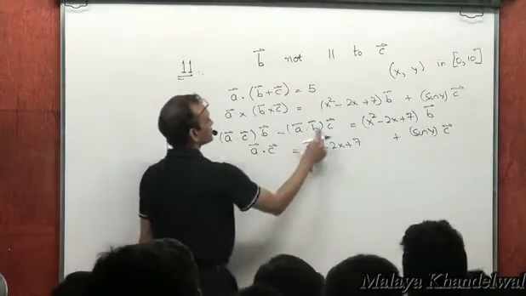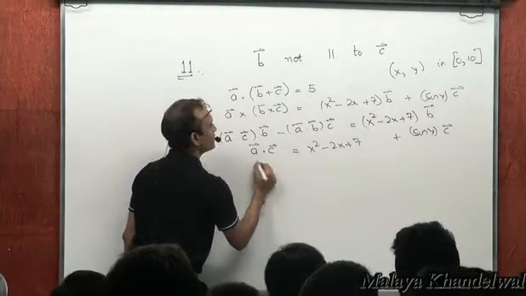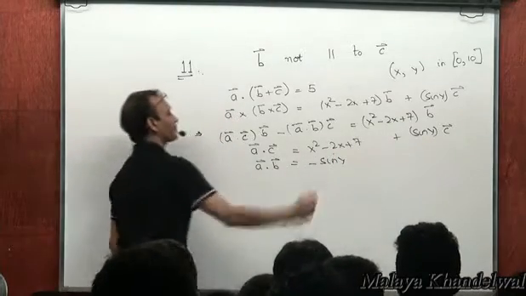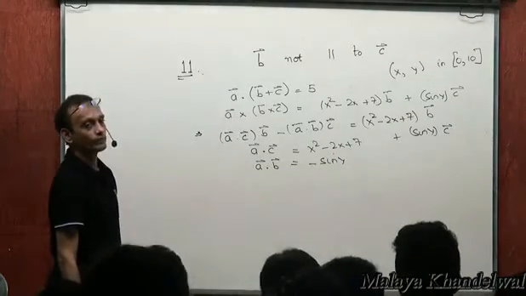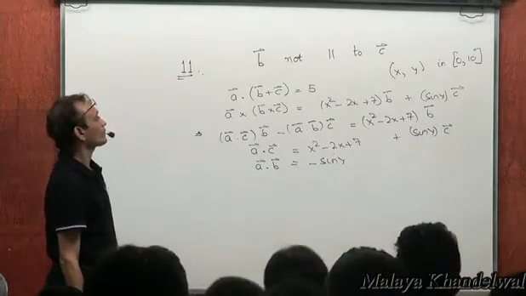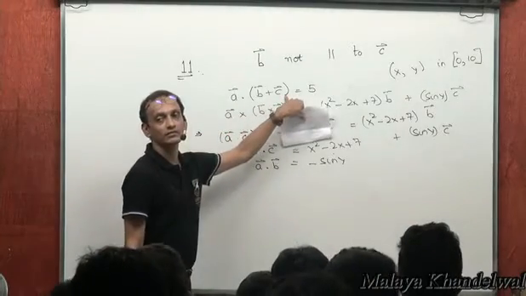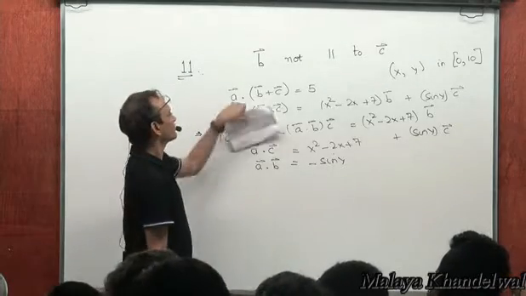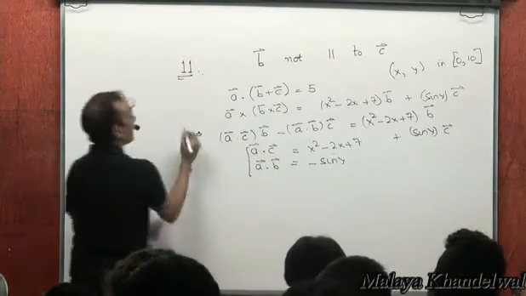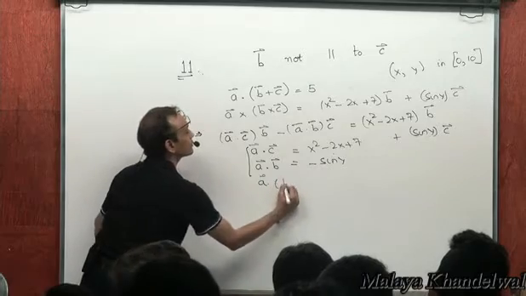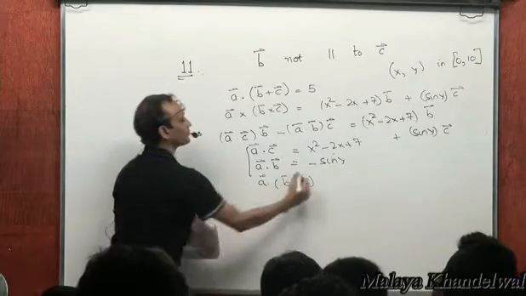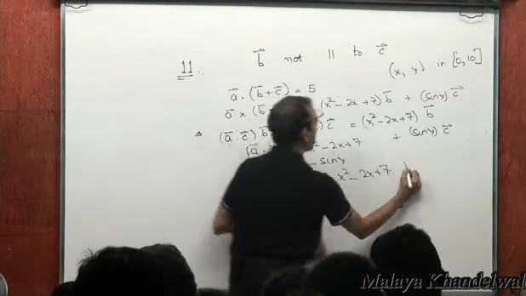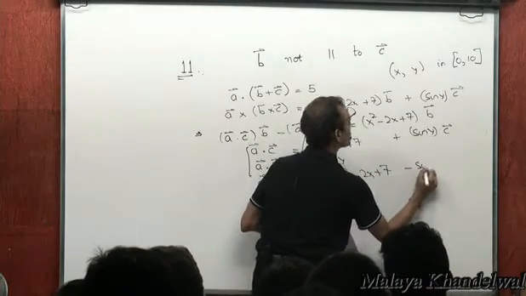And will I not get a dot b as minus sin y? Now I want to add these, and I get a dot b plus c, isn't it? A dot b plus c equals x squared minus 2x plus 7 minus sin y, right?